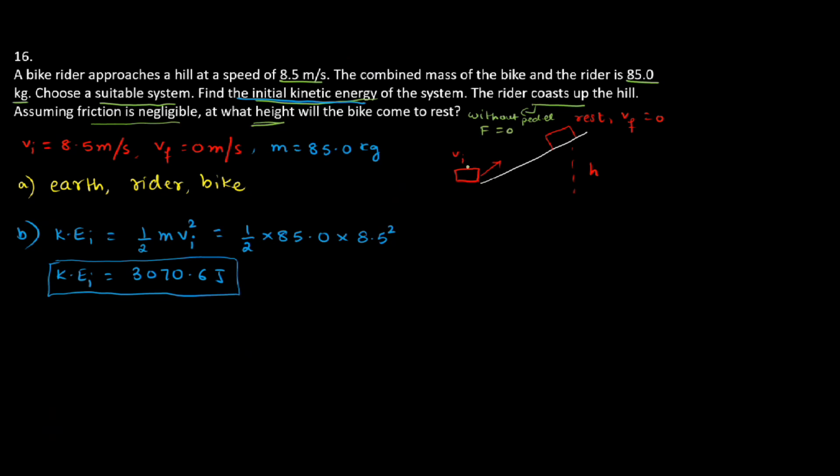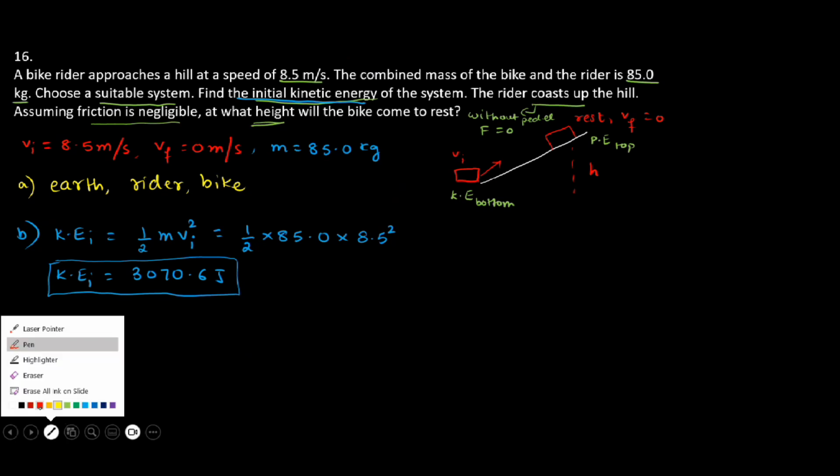So he is moving up with only the initial kinetic energy that he had before he went up the hill. He is not applying any more energy in the system while he is going up. So whatever kinetic energy you had at the bottom here is then converted to the potential energy of the rider at the top. So I will use that expression.